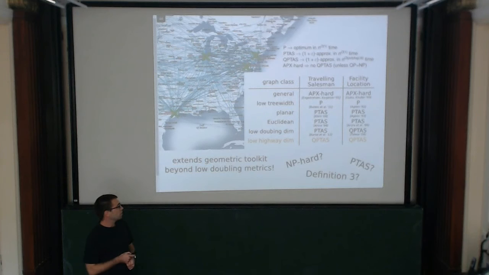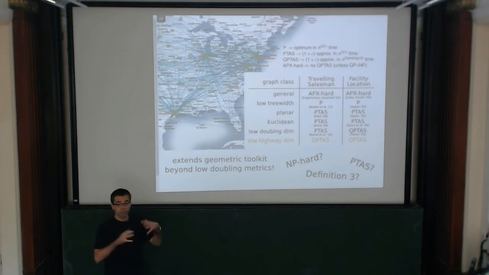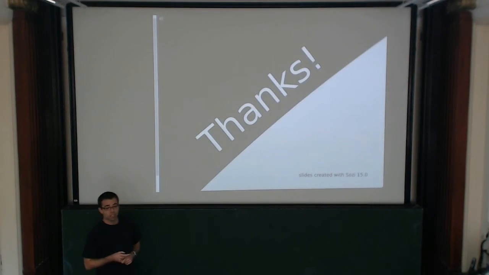And of course, one additional interesting question is whether we have to rely on this more special definition 2, or if we can actually do it with this more general definition from which we actually get most of the properties that we need in the end. So that's it. Thanks for your attention.